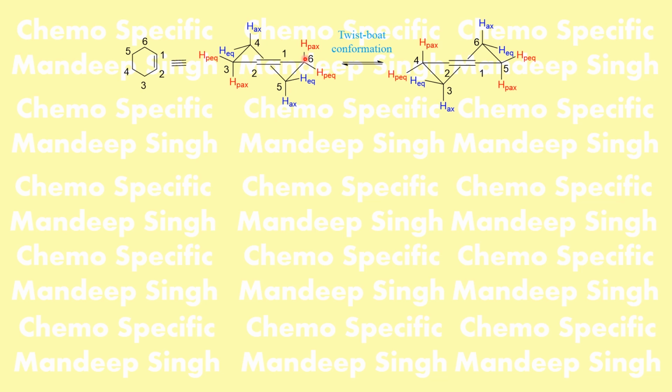The hydrogen that is attached, which I am calling HPAX, means pseudo axial, and this one means pseudo equatorial. Here also the same thing: these are directed more towards the axial position. So these are not the true axial position, but once you reduce it, it will acquire the axial position. And this is the other conformer in which it will exist.